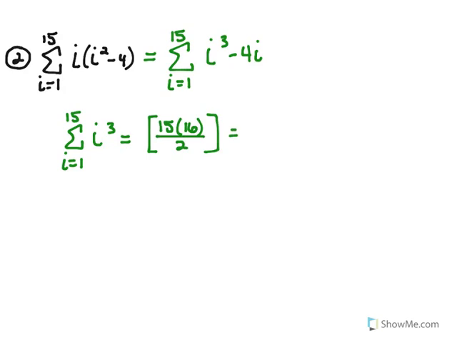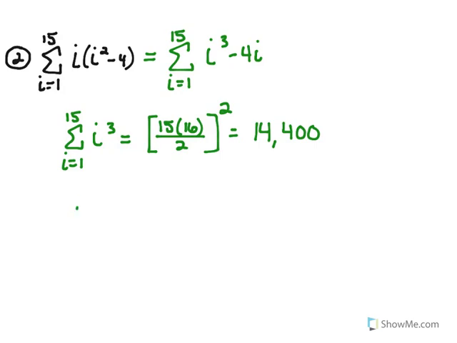So let's see. The number inside here, oh, sorry, forgot to write the squared. Squared the whole thing. So I'm going to do 15 times 16 divided by 2 and square it. That comes out to 14,400, or 120 squared.